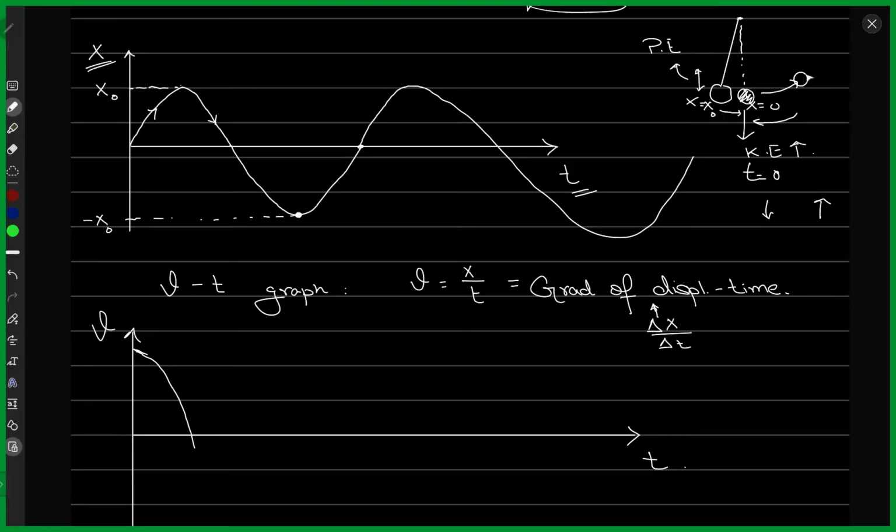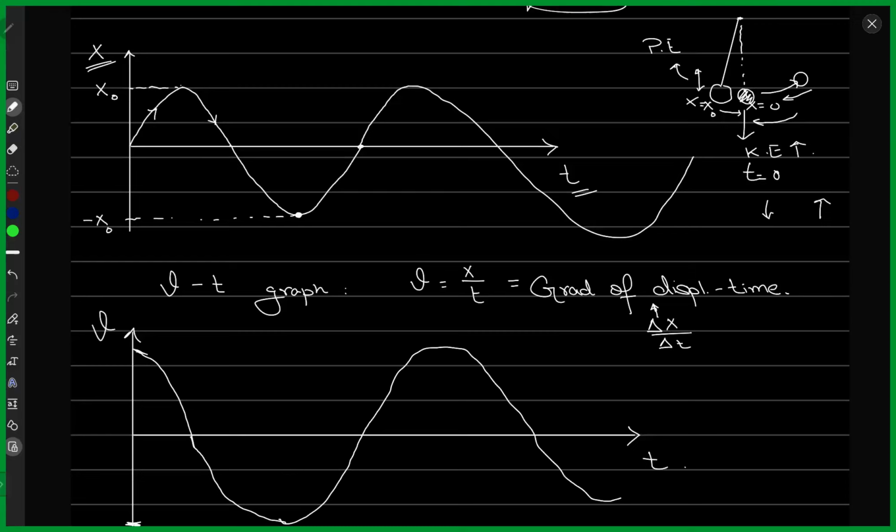At this point, the kinetic energy is minimum, so velocity is minimum. But now it's going to change its direction and start oscillating in this direction. So again, the velocity starts increasing, and it becomes a maximum at some point in the opposite direction. That's why it's a negative number over here, right? And then you can continue the same thing like this and so on, right?